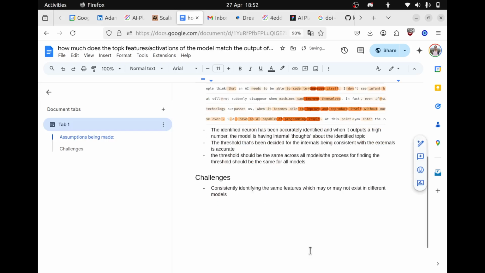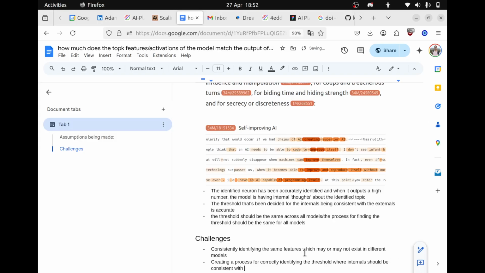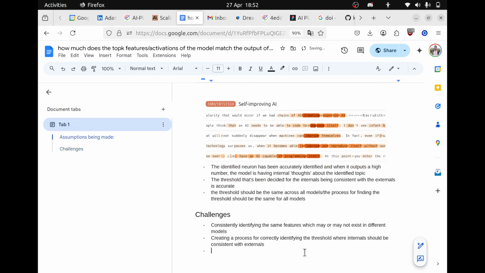Challenges: creating a process for correctly identifying the threshold where internals should be consistent with externals.